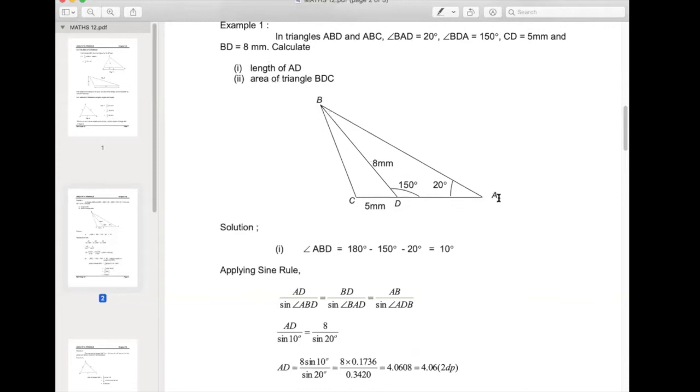So where's AD? The base, right? A and D. So we already have the clues that are given to us. Angle ABD is what we're trying to find. Are we able to find ABD?